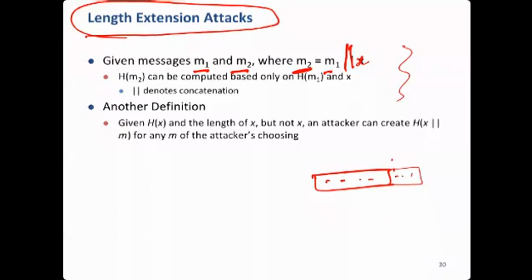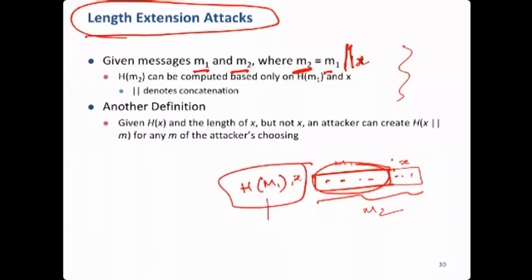So M1 concatenated with this string X overall becomes M2. Now, given H of M1, and X, can you find out H of M2? If you can do this, you have done a successful attack.